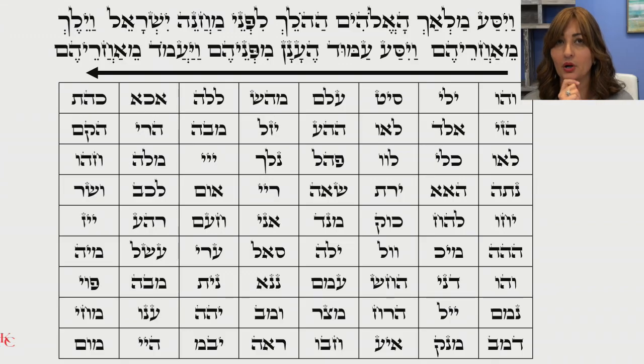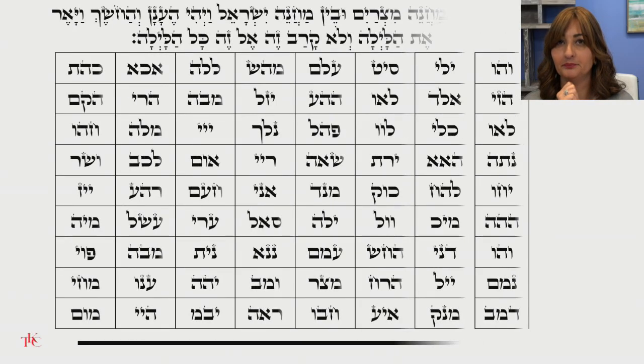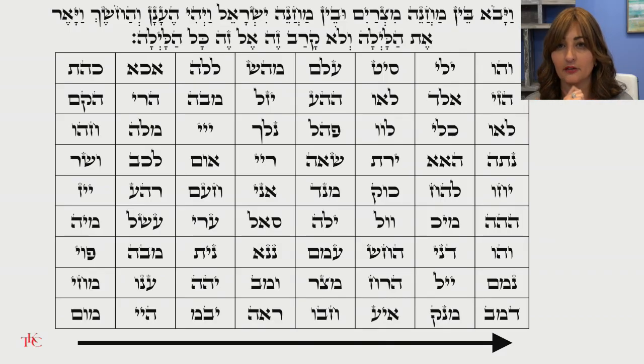Okay? If we go to the next slide, you will see that we are going into the second verse. In the same way that the first one was formatted, we'll look at it from left to right, bottom to top. We see again the Vav, the first letter in the verse.